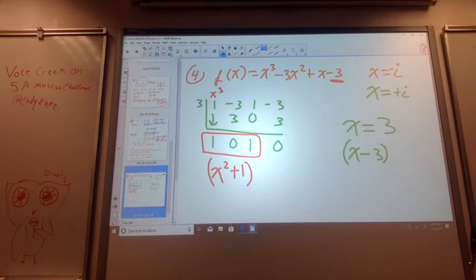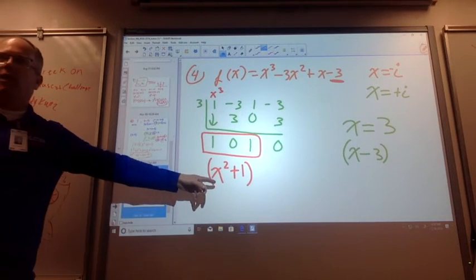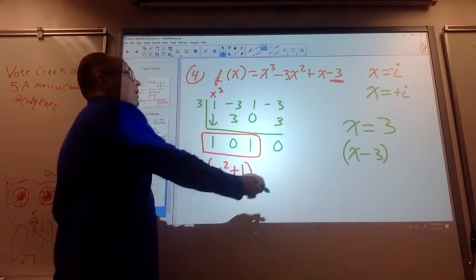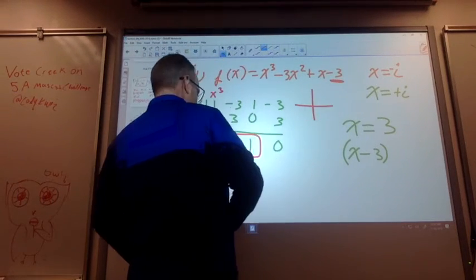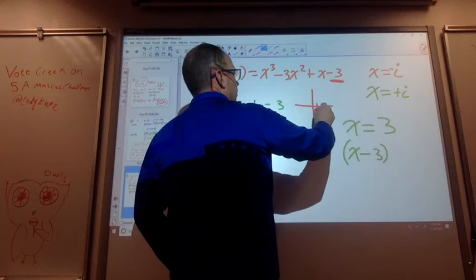Okay, honestly, what I would do on this, I would put it on your graphing calculator, and if you put it on your graphing calculator, it crosses that 3 right away. That would tell you right now, okay, I'm going to use synthetic division, divide by that 3, and then it gets me my last binomial. So this graph would look like this. Cross at 3.